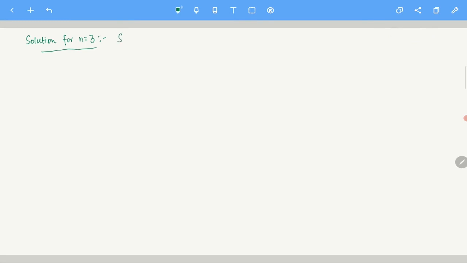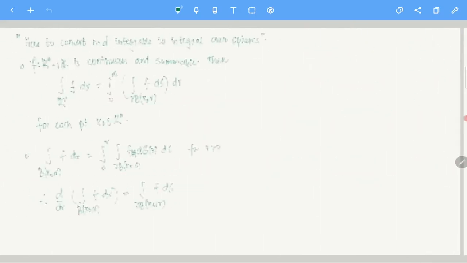And suppose u is in C2 of R3 cross (0, infinity) and solves 1. 1 is the initial value problem, if you remember, but in 3 dimensions. Now I am assuming capital U, capital G and capital H are as defined earlier.